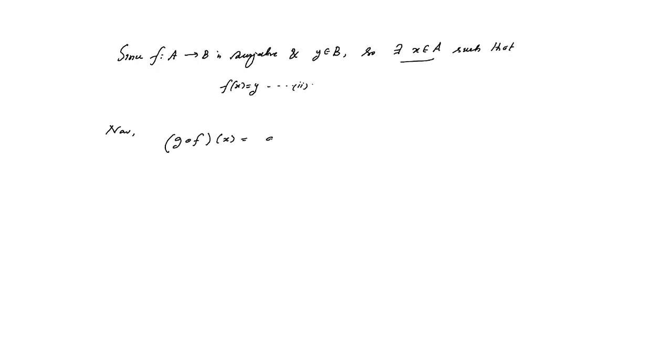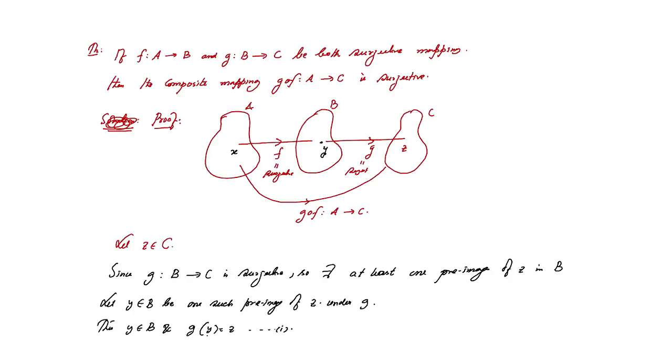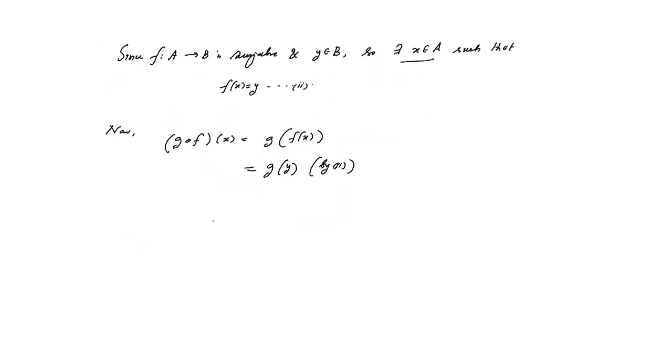According to the definition of composition, it is g of f of x. The value of f of x is y, so that is g of y by equation 2. Now by equation 1, g of y is z.